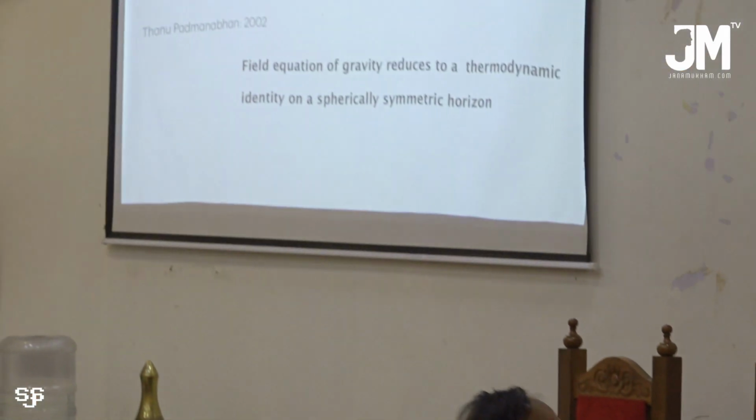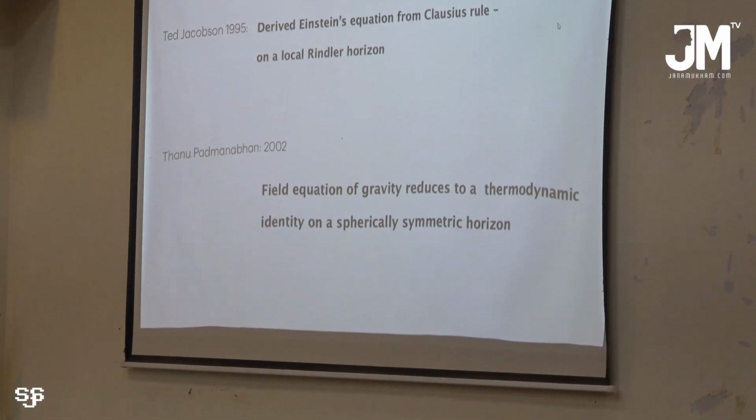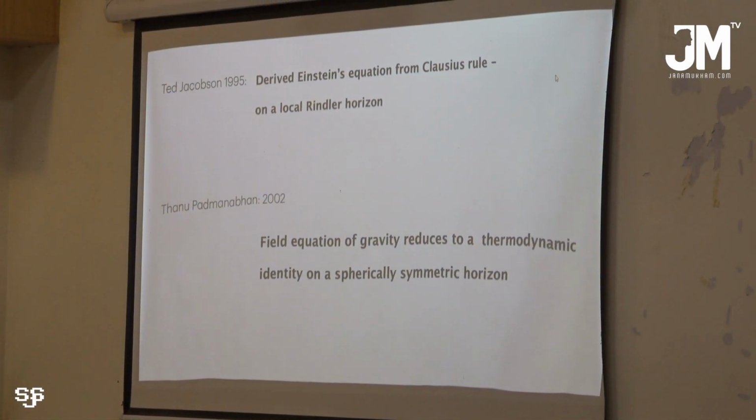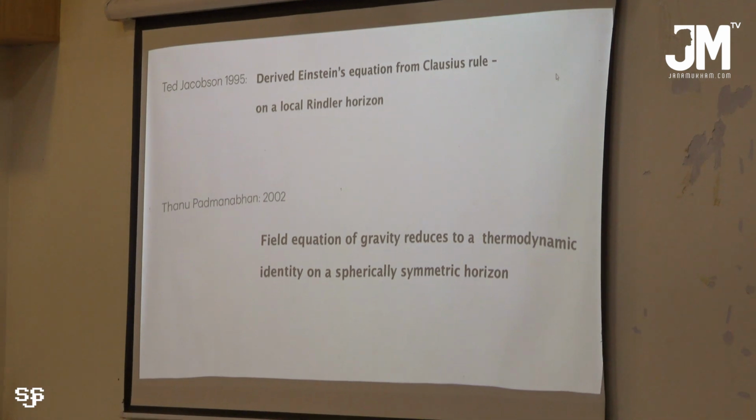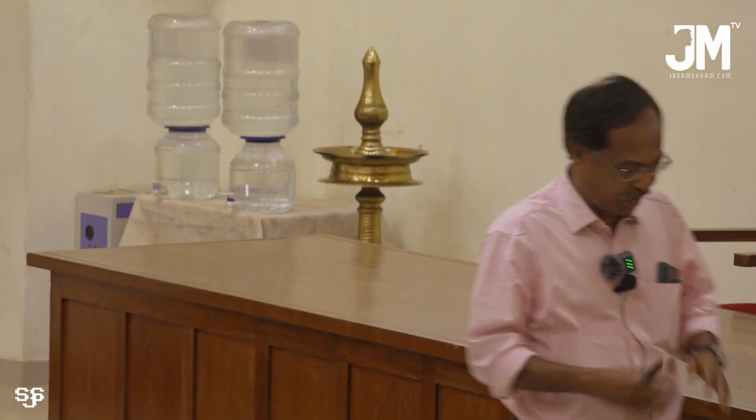But the point is that later on, it was proved by Ted Jacobson in 1995 that you do not need black holes for Einstein's equations to attain the form of a thermodynamic law. For any general situation, there is what is known as a Rindler horizon.